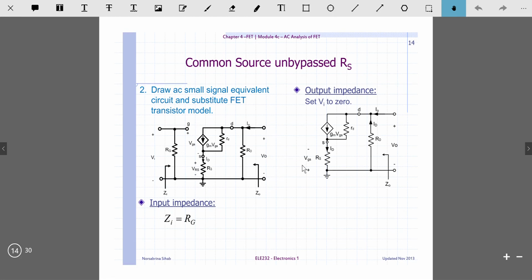Previously for bypass RS, you will see that in order to find the output impedance, there will be no gmVGS over here. But in this case, for unbypass RS, there is an external voltage applied to the output. From that criterion, you can see that there is a current flowing into the output circuit over here. When there is current flowing into the circuit, what will happen?